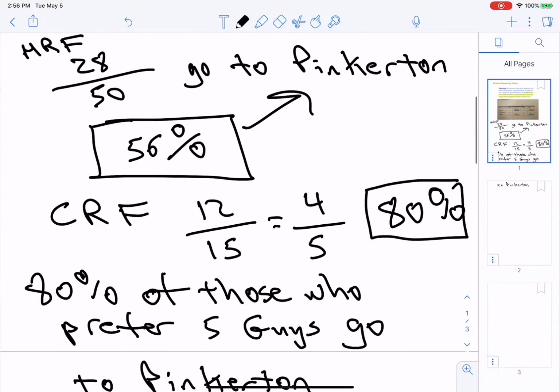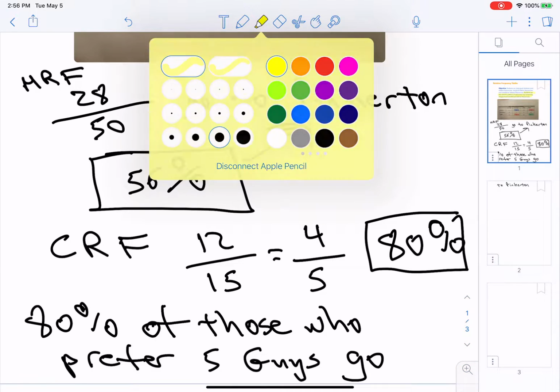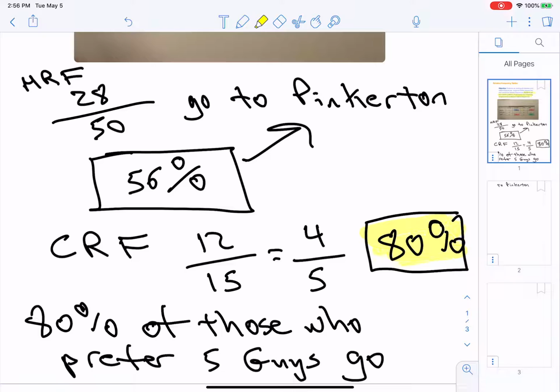As you can see, let's use a generic yellow highlighting color here. This percentage, this relative frequency, and this relative frequency are different.